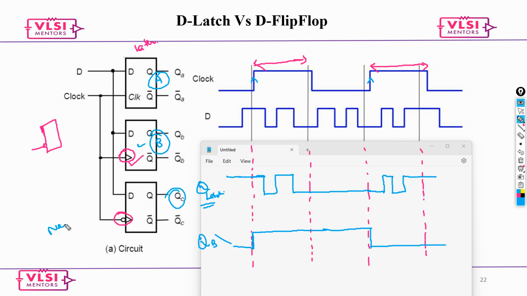It's basically a negative edge triggered flip flop. Now, sometimes people ask, Kumar, can I draw this and invert it? Can I invert this? That would become a negative edge trigger. People used to ask me something like that.